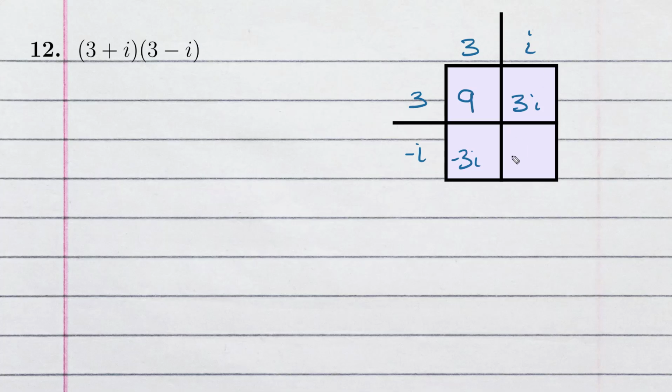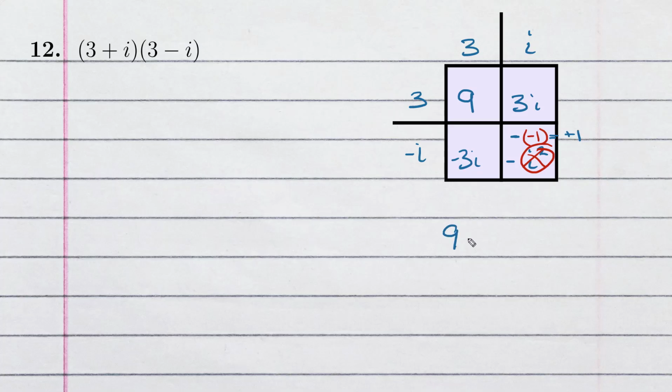Negative i times i is negative i squared. I squared, anytime we see that, we replace it with a negative 1. And so if we look at what we had originally, negative i squared, it would be negative negative 1, which is a positive 1.